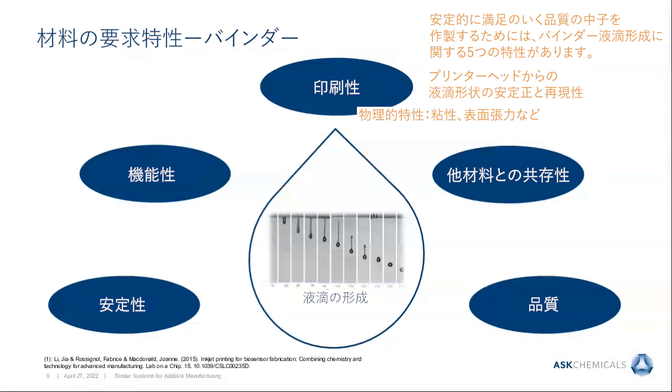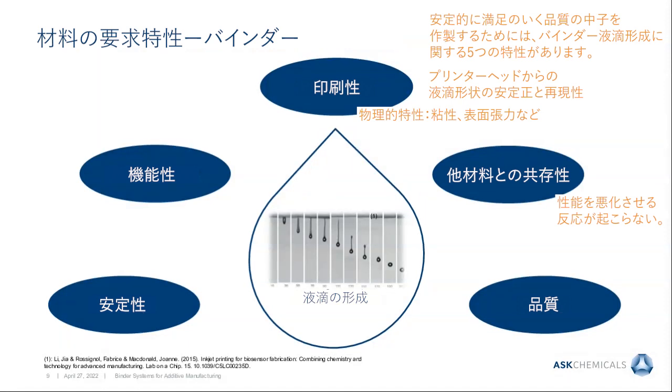Compatibility refers to the binder being compatible with the printing equipment, so that there is no degradation over time or no harmful reactions between binder and printing equipment. Quality is very important because we have very small nozzles we have to go through.